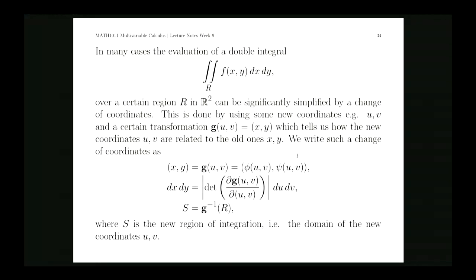So let's say we've got a double integral, dx dy or dy dx. We know now the order makes no difference. Let's say we've got to find this double integral over some region R, but R is nasty, right? There's something wrong with it that maybe requires lots of integrals, got to split the region up, that sort of thing. We can do a change of coordinates very similar to a change of variable.